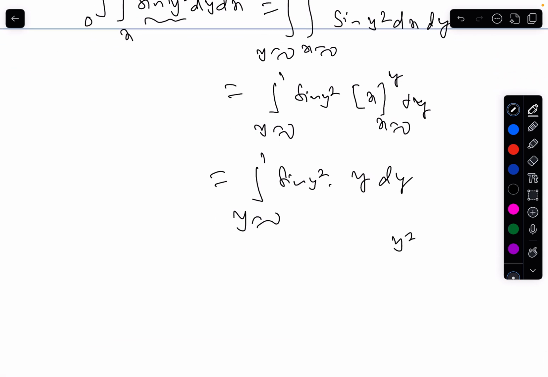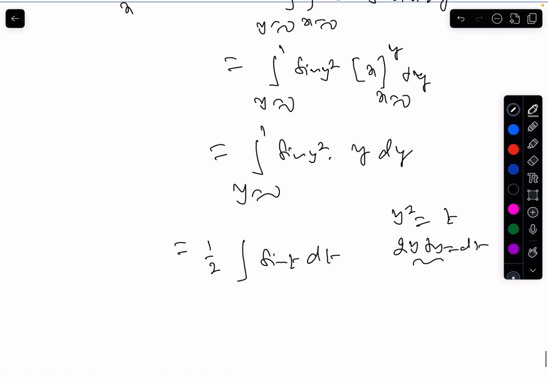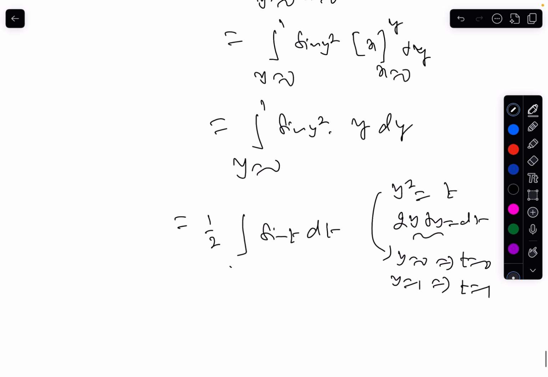And if I take y square equal to t, so 2y dy equal to dt, and y dy is 1 by 2 dt, sine of t. And limit will not change because y is 0, t also 0, y equal to 1, t is also 1.